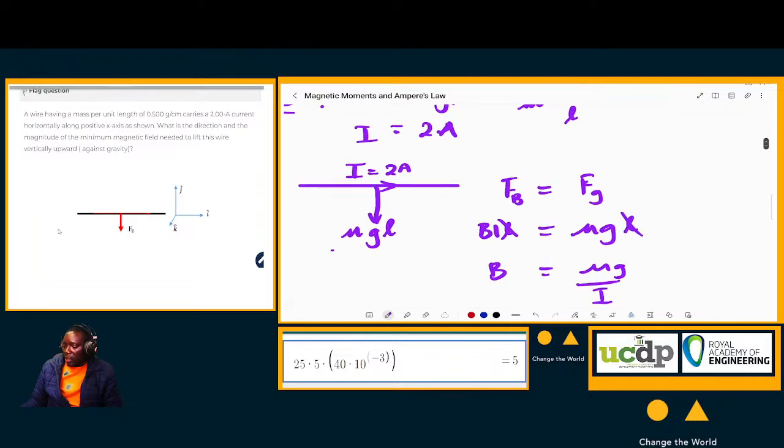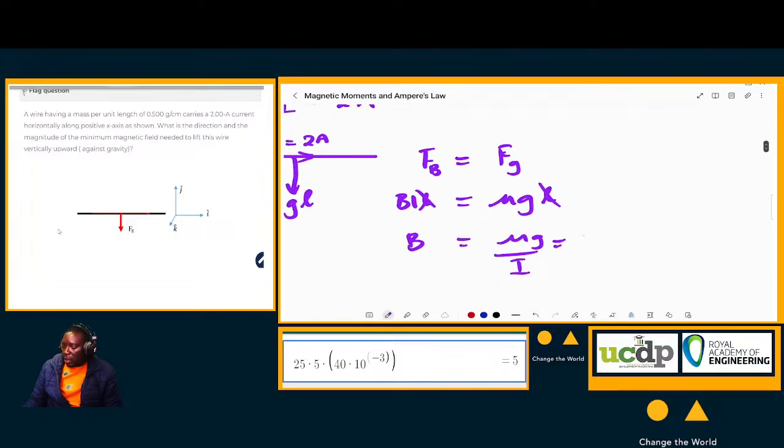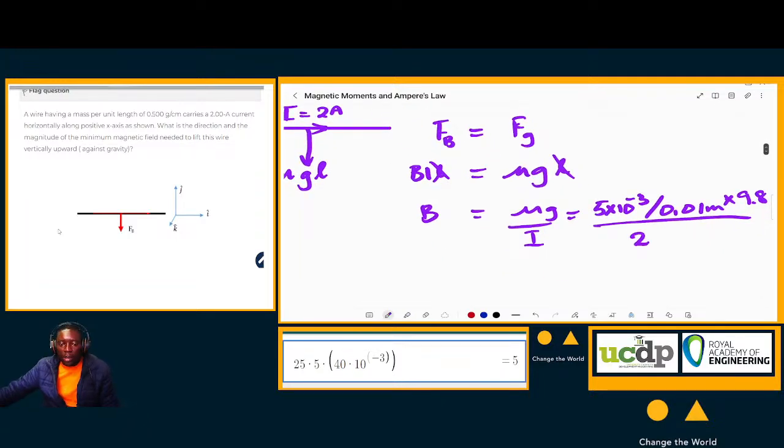So it's in terms of all the given quantities, where mu is 5 grams per centimeter, which is how many kgs? 5 times 10 to the minus 3 kgs per centimeter, which is per 0.01 meters, multiplied by 9.8 over I, which is 2. Okay, so we've converted the given mass per unit length, the linear mass density, into standard units.